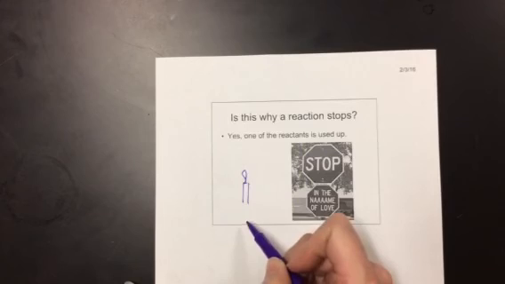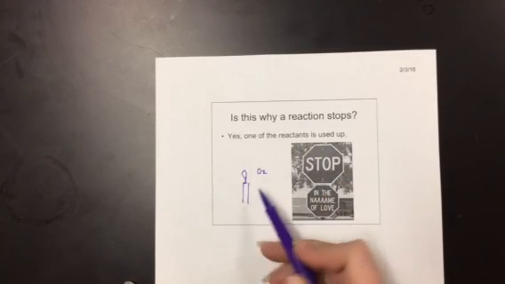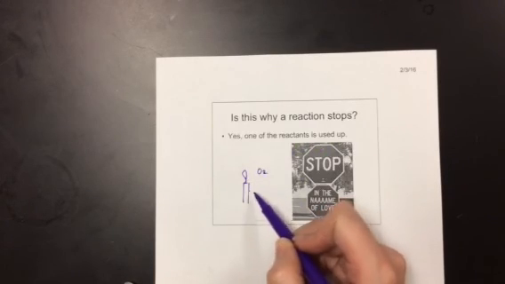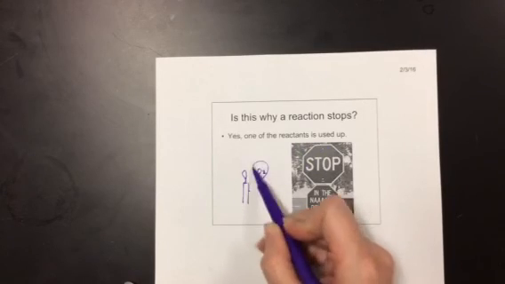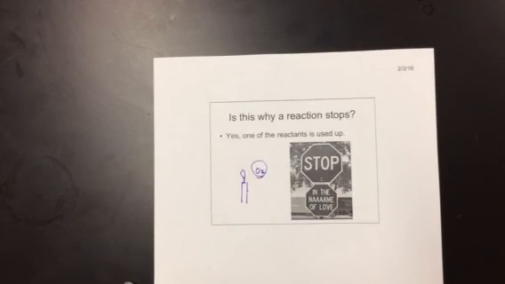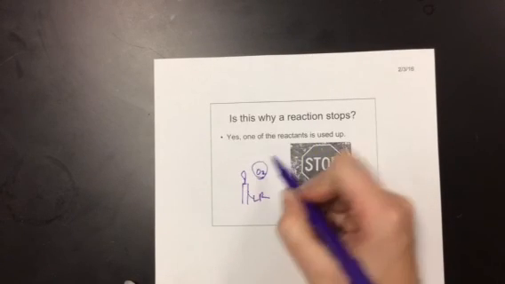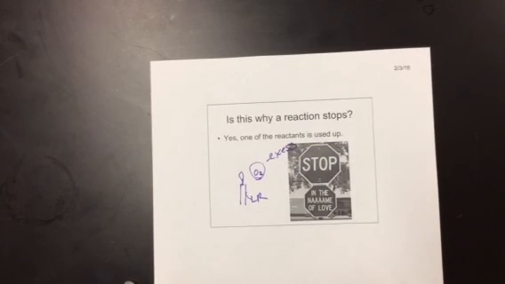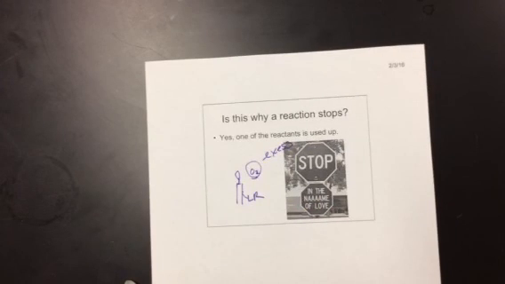And as that wax combusts with the oxygen that's in the air, you're going to run out of either wax or oxygen, which if it's in an open environment, all of the wax is going to end up disappearing. You're going to have extra oxygen in the air. So my limiting reactant is going to be my wax. My oxygen is in excess. So that chemical reaction is going to stop burning whenever we run out of wax.